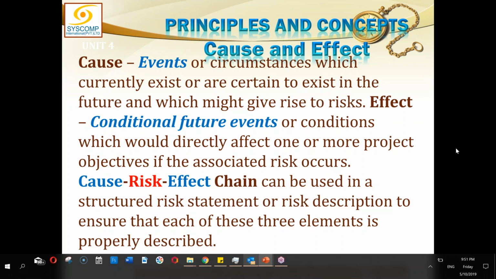For example, I said due to poor insulation, there is a high likelihood that this room will catch fire, and that will cause this much of damage, thus causing delay and this and that, whatever effects on the scope, time, and cost we have. So I said due to poor insulation. Isn't the insulation the risk?